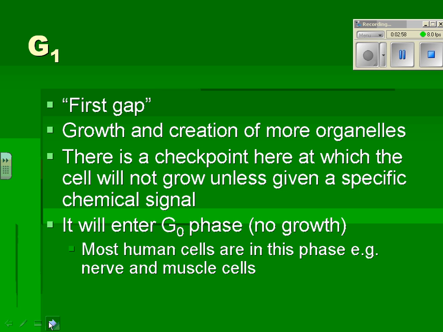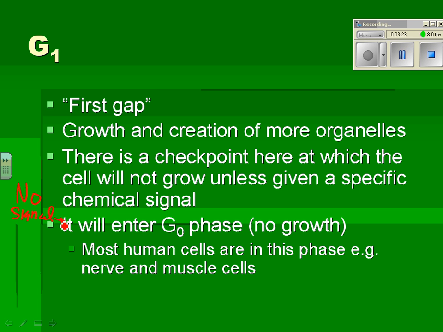If it doesn't get the signal, it enters what's called G0 phase, no growth. Most human cells are in this phase right now.